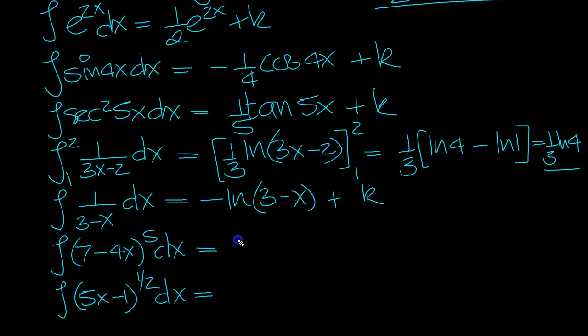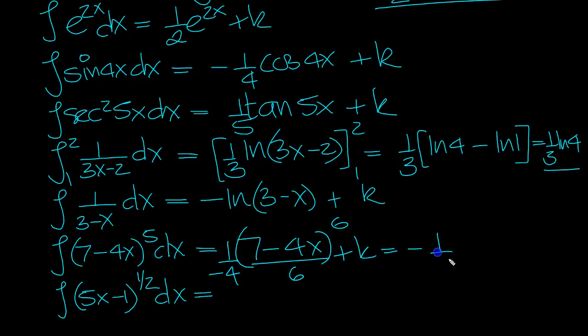This one, raise the power by 1, divide by that number. But there's a 1 over a, isn't there, comes out, so it's a minus 4 underneath plus k. Minus 1 over 24 then, underneath. So we could write the top as just 7 minus 4x on top, couldn't we? To the 6 over 24 plus k.